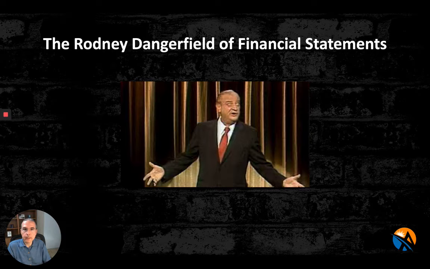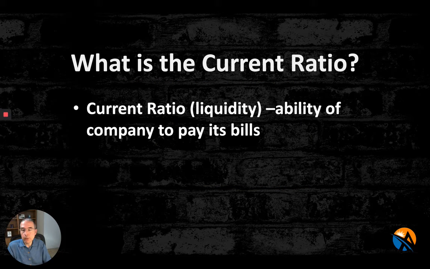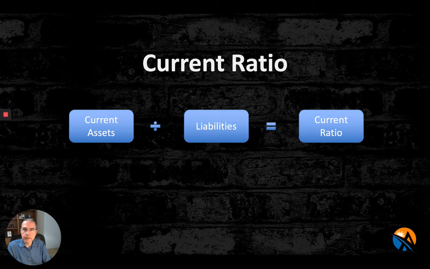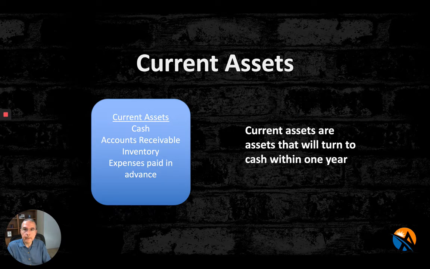So the current ratio is one of those ratios that you can use to measure the health of your balance sheet. And really what the current ratio is trying to get at is it's measuring the company's ability to pay its bills. The formula is current assets divided by your current liabilities equals your current ratio. Current assets are things such as cash and accounts receivable.